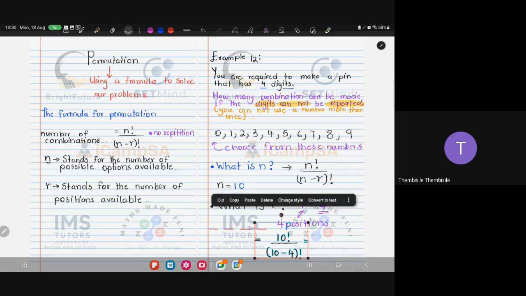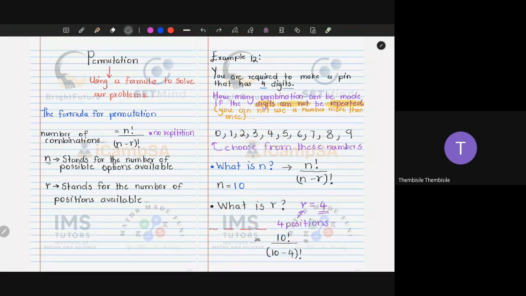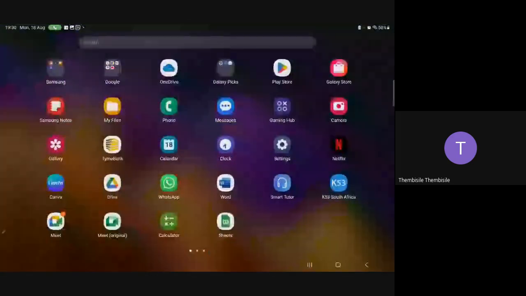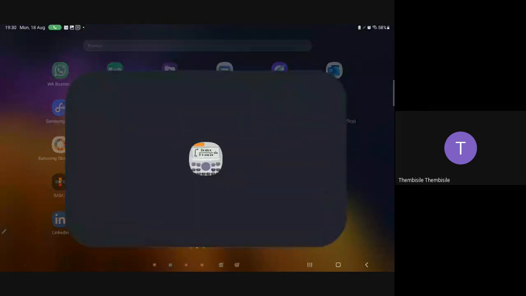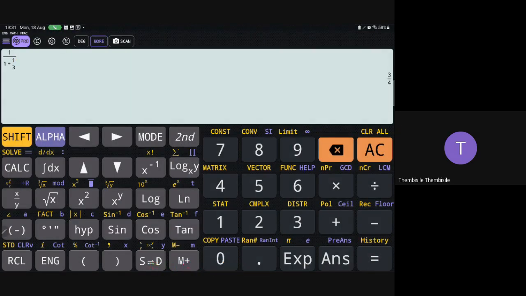Your calculator does have a factorial option. Let me see if I can pop mine, because we use more of the same calculator. If you look carefully, guys, where is my factorial sign on my calculator? Let me click shift.